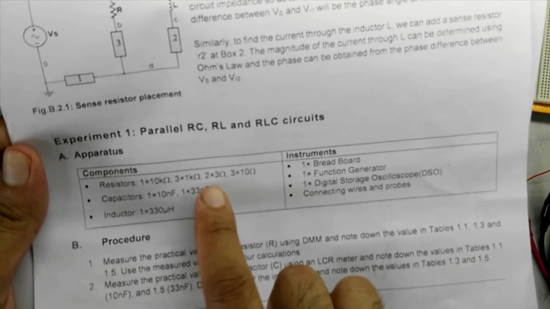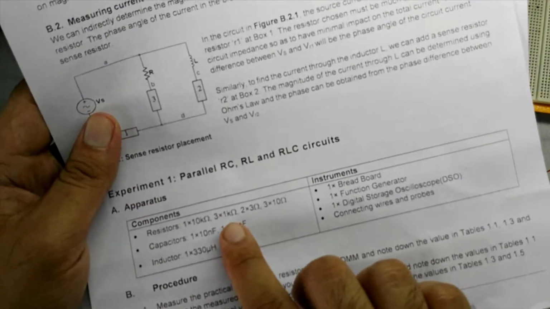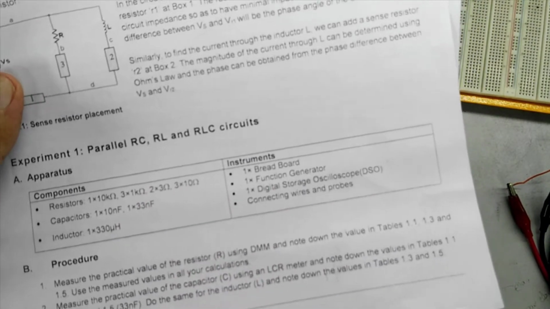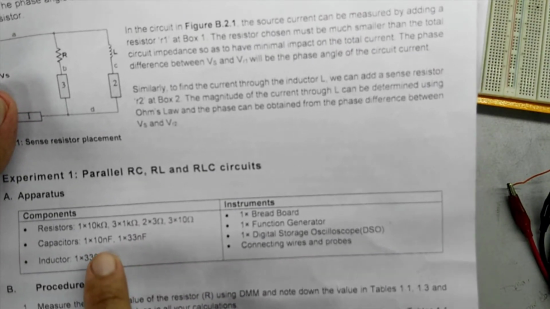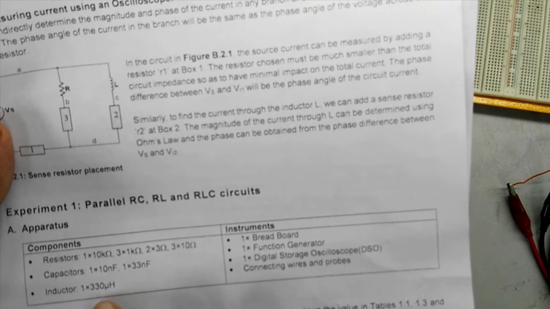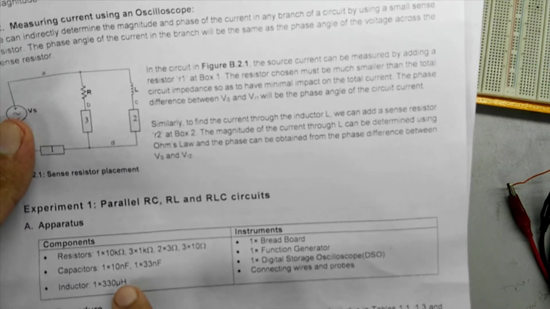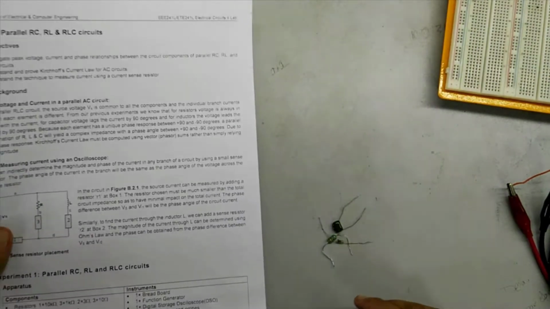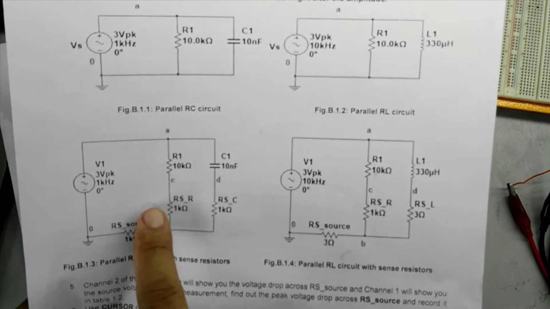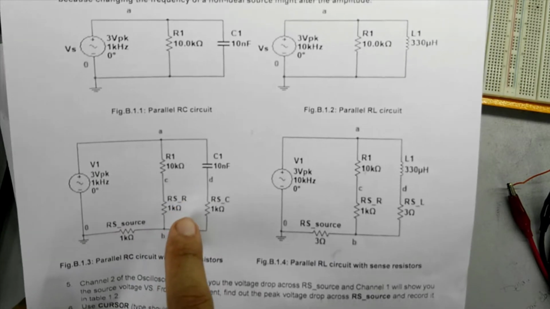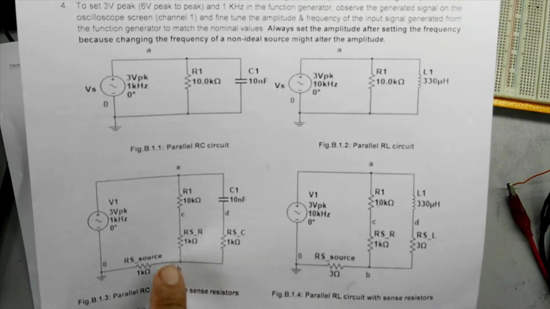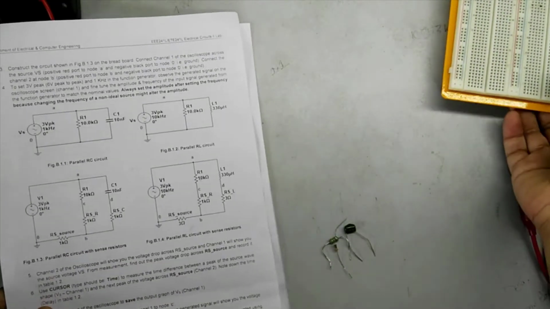We will need other resistances as sense resistances: three 1 kilo ohm, two 3 ohm and three 10 ohm resistances, one 10 nanofarad capacitance, one 33 nanofarad capacitance, and one 330 microhenry inductance. For the parallel RC circuit, I have collected the required components: the 10K resistance, the 10 nanofarad capacitance, and three 1 kilo ohm resistances.